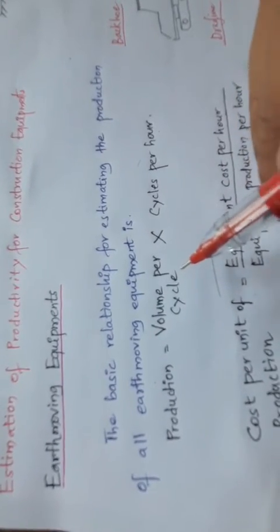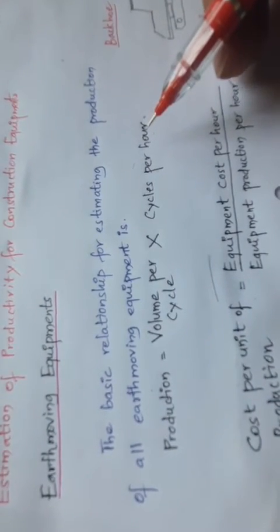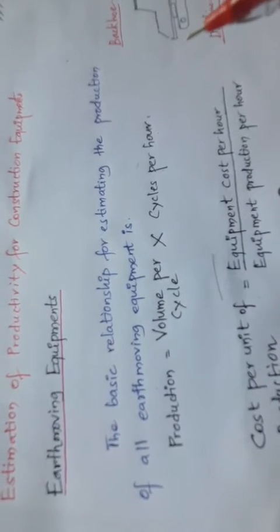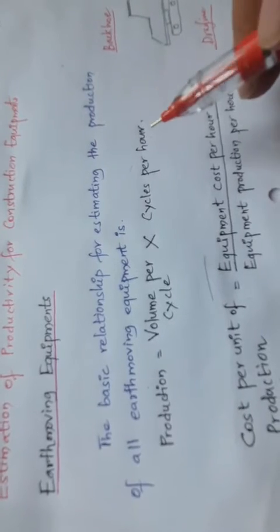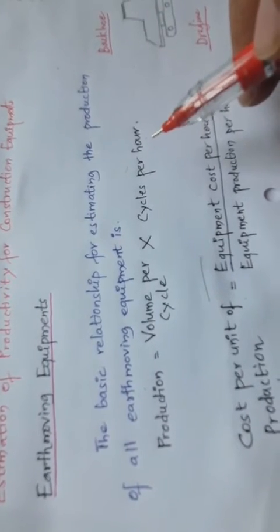Next is cycles per hour. The cycles per hour must include an appropriate efficiency factor. You have to remember efficiency factors, so that it represents the number of cycles actually achieved per hour.